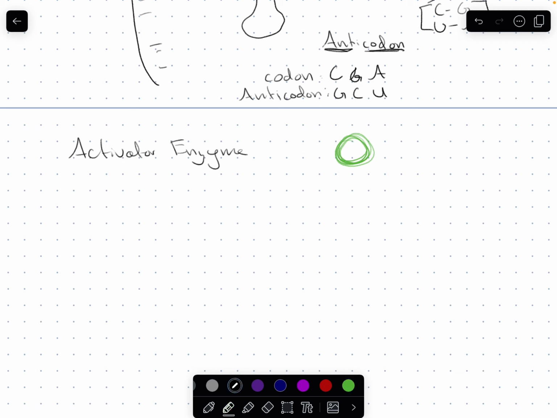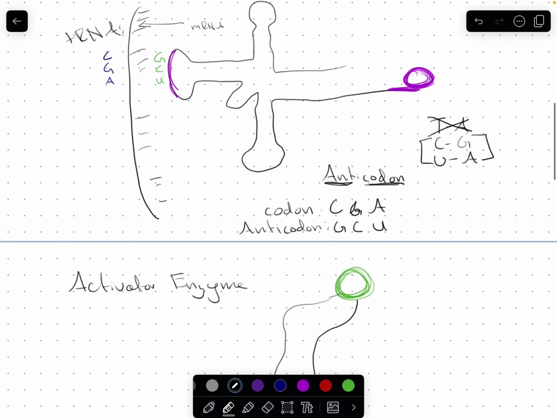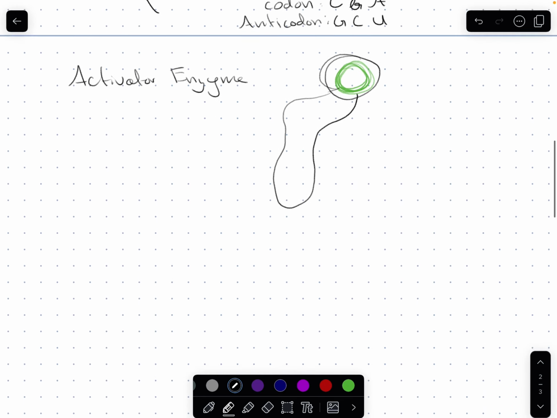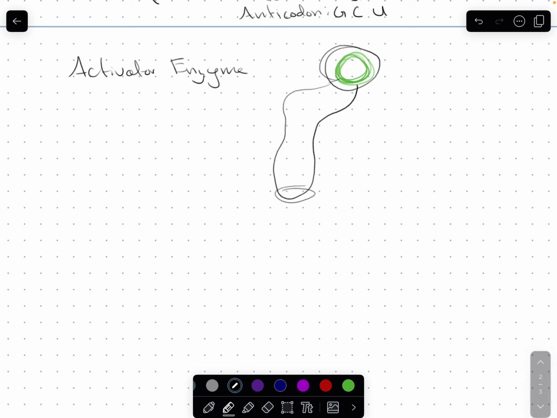Now, another way to draw a tRNA, which is maybe a little more accurate, shows more of a 3D view. It kind of looks like a goofy shape like that, where you have your amino acid up here, and then your anticodon is going to be down here in this segment here.